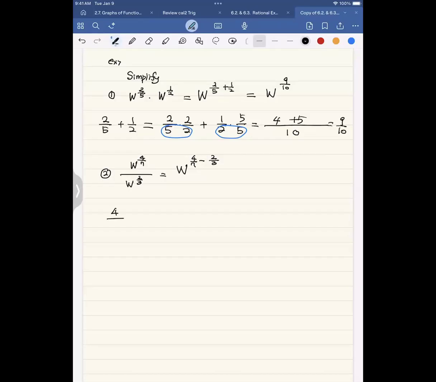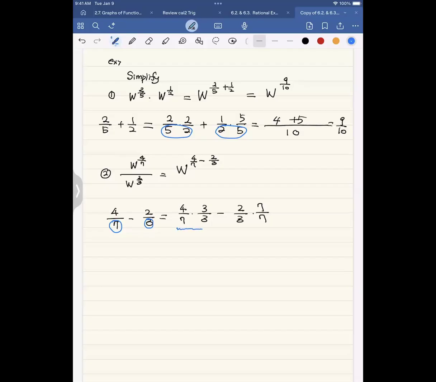Let's calculate. 4 over 7 minus 2/3 equals 4 over 7 times 3 over 3 minus 2 over 3 times 7 over 7. Why? Because 7 and 3 don't have any common factor, so the multiplication of the two numbers will make the common denominator.